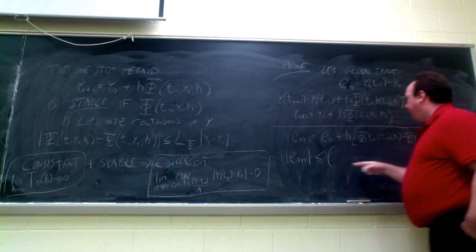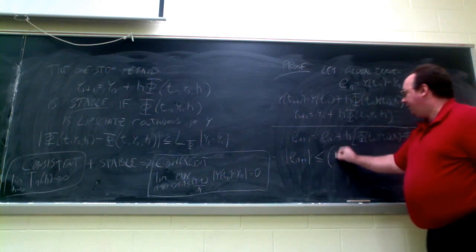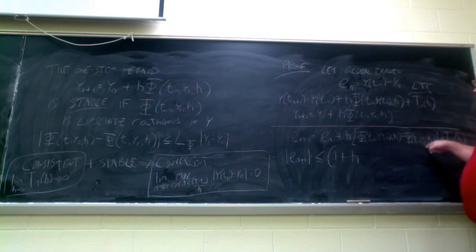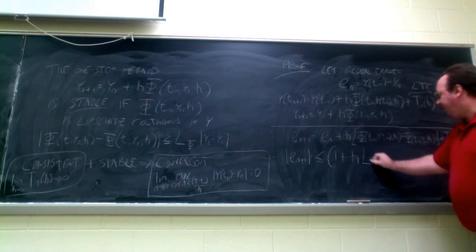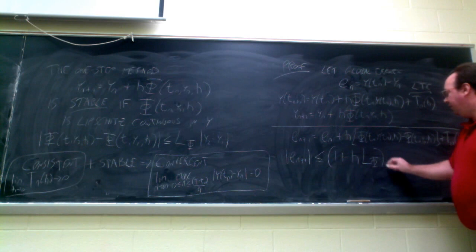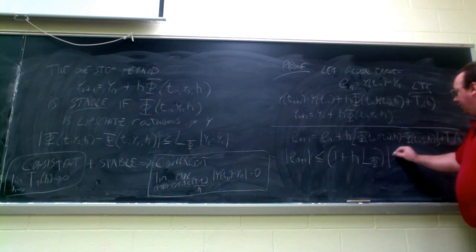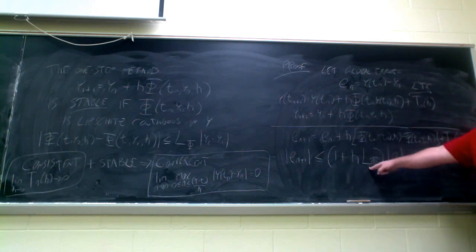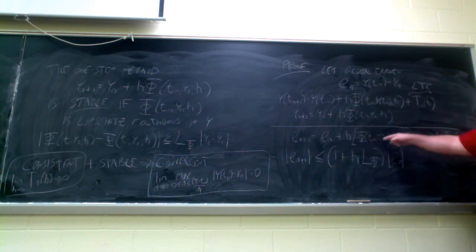So I have E n times 1 plus h L phi, because here I use Lipschitz continuity. This difference of phi values is bounded by the Lipschitz constant times the difference in y values. But what's the difference in y values?